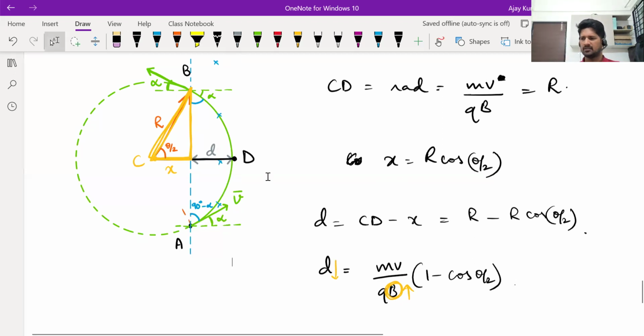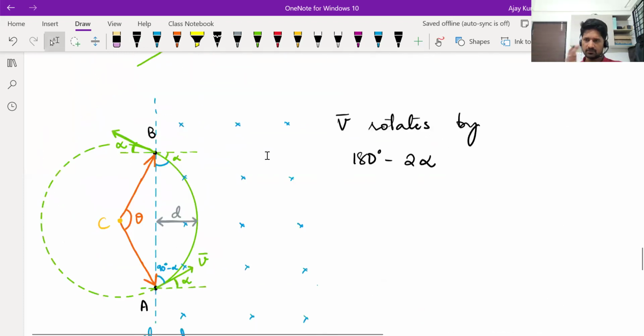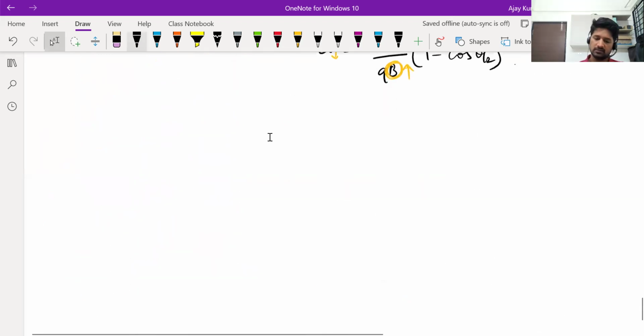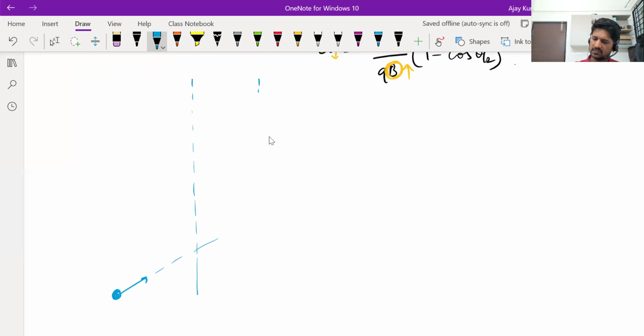Okay, angular deviation, how much time it spends. They can give you, like in this case, we assume there is magnetic field everywhere on the right side of the boundary. They can even give you situations like this. Charge is moving this way, enters into a magnetic field, and the magnetic field extends only up to a limited distance. Then what will happen? Here it will follow a curved path and it can leave from here.